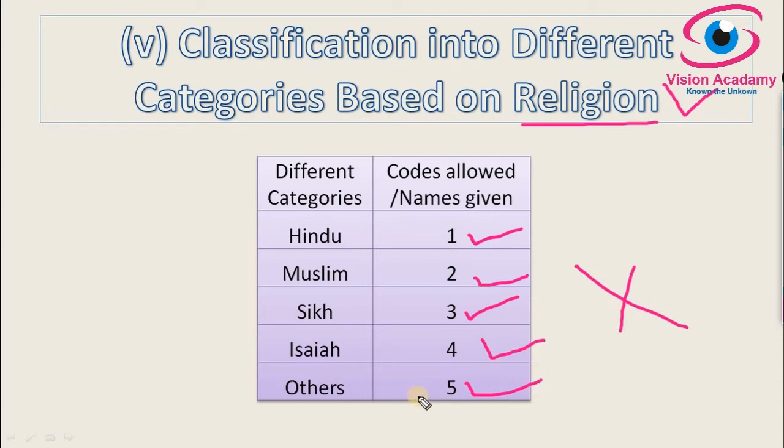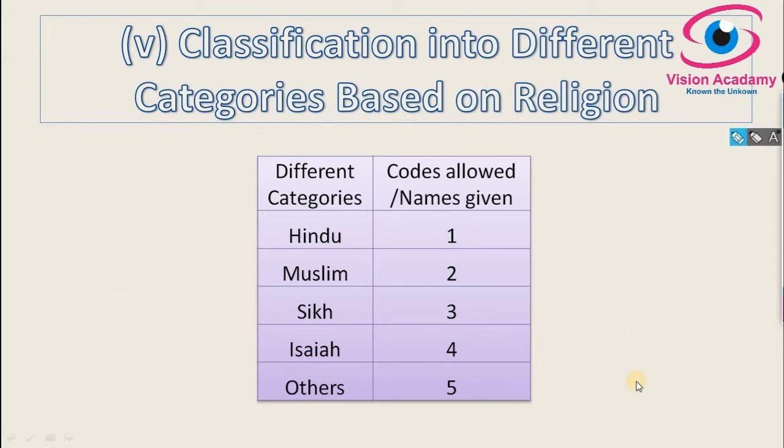Just coded. But Hindu greater than Muslim, Muslim greater than Hindu does not really make any sense. Similarly, we cannot say male is greater than female, or female is greater than male. It does not make any sense in the nominal scale. That is why I told you initially it is the least; in the nominal scale, you can apply the least possible statistical tools.